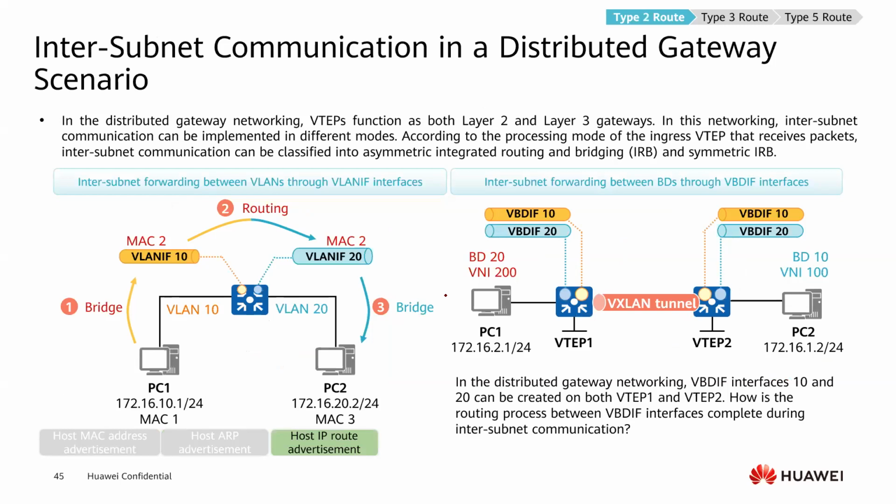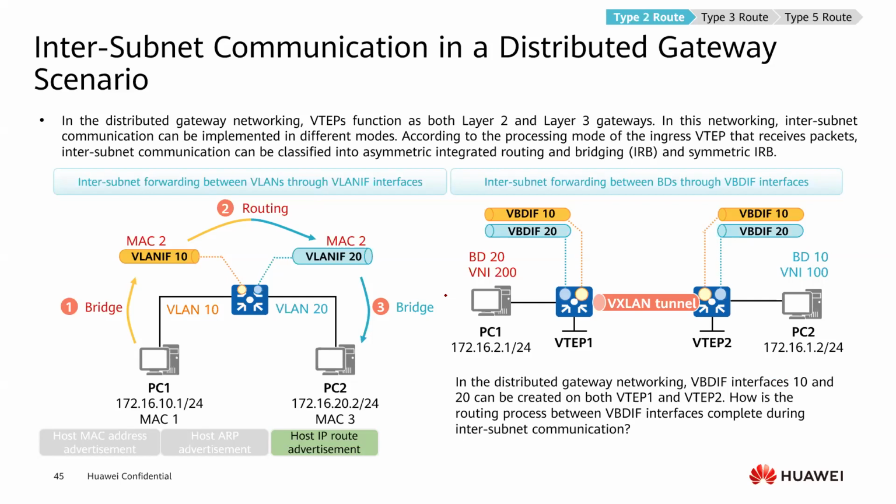All right, now let's look at another question, and this question is very important. That is inter-subnet communication in distributed gateway scenarios. So now let's look at what the problem is. The problem is in the distributed gateway network, the gateway will function as both a level 2 and a level 3 gateway.